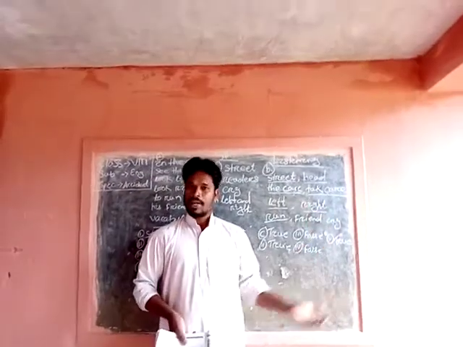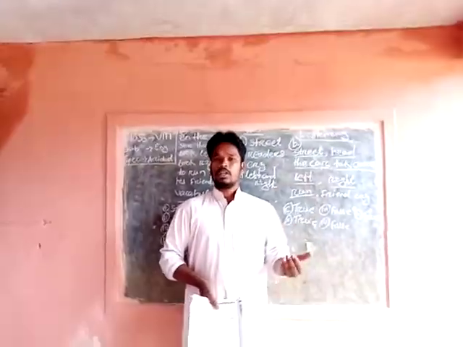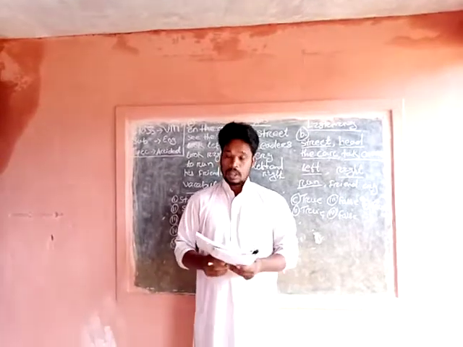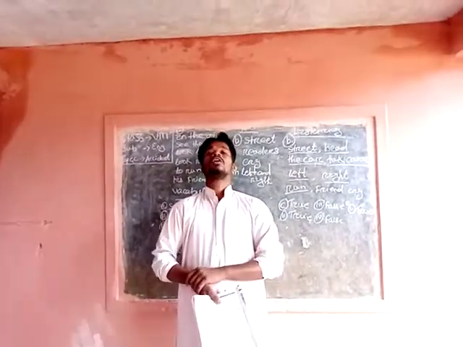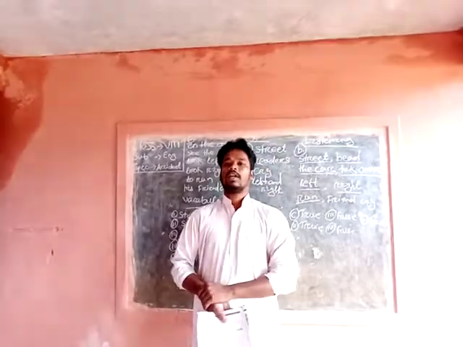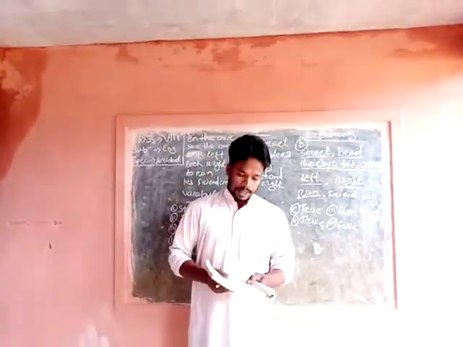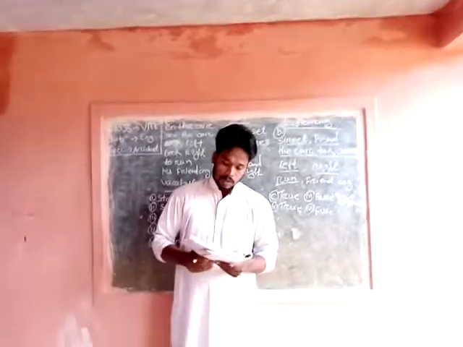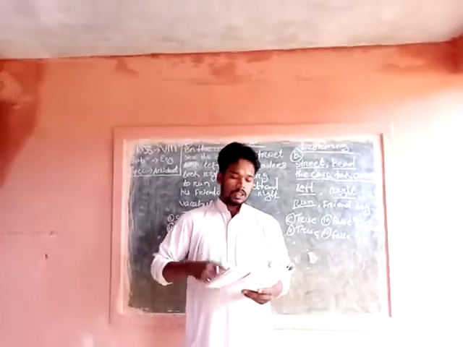If there is no vehicle coming on the road, then you can go now. The third is not to run on the road while crossing a busy road. So dear students, we should follow these rules for road safety.